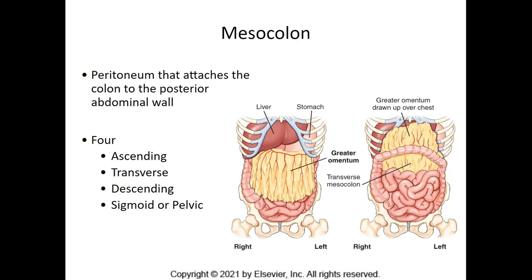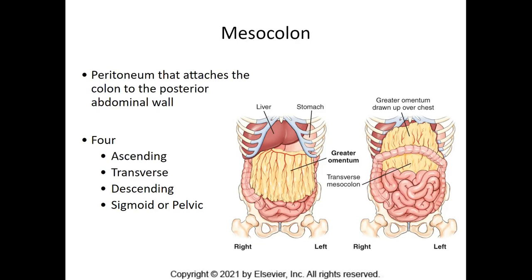Okay, next word is mesocolon. So the type of peritoneum that attaches the colon or large intestine to the posterior abdominal wall is called the mesocolon. And there are 4 types of mesocolon, each named according to the portion of the colon that it attaches to.